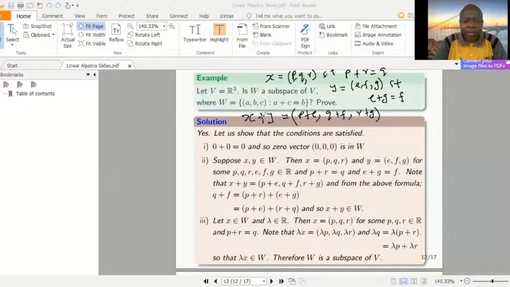For me to show that X plus Y is in W, I need to show that the sum of the first element and the third element gives me the second element. That's what I need to show. So let me begin with the second element. The second element is Q plus F.